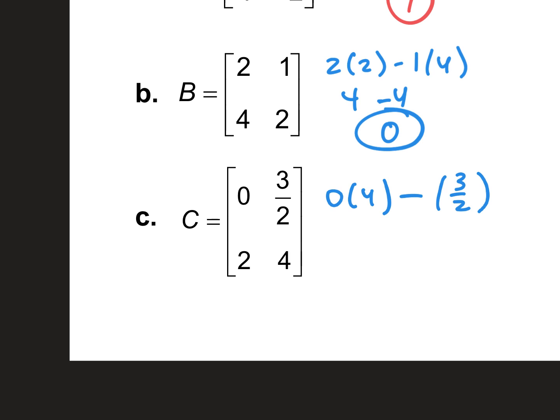What's 0 times 4? 0. Minus, you can look at this two ways, guys. You can cross out the 2's, just make it a 3. Or you could say 3 times 2 is 6, and then 6 divided by 2 is 3. Same thing. So 0 minus 3 is -3.